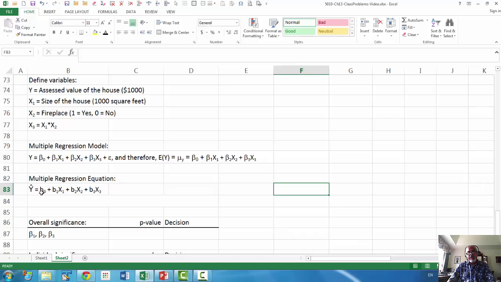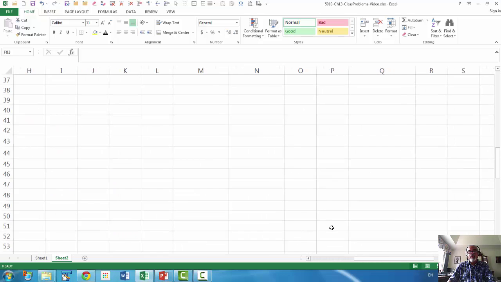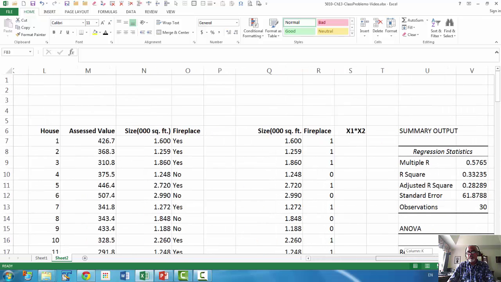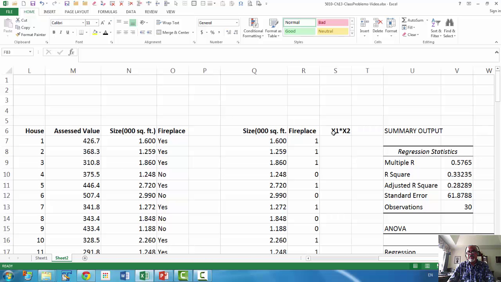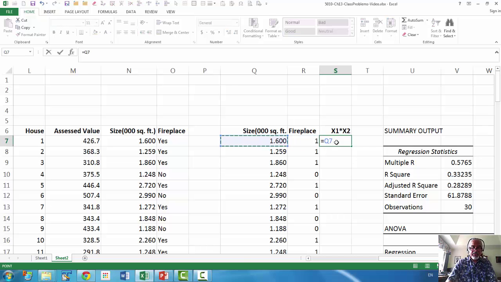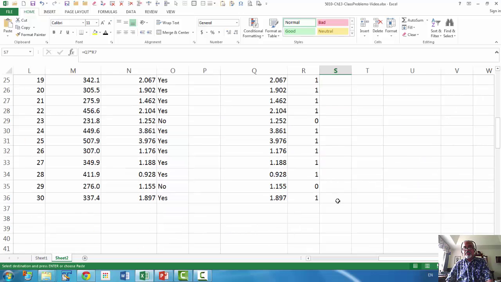To estimate these b values, we have to have one more column for x sub 3, which is the product of these two. So we go x sub 1 times x sub 2. We set that up here.